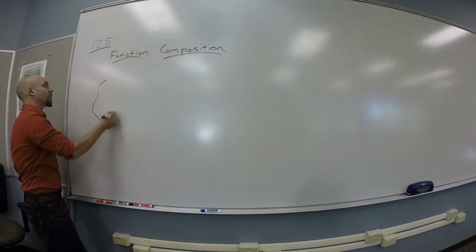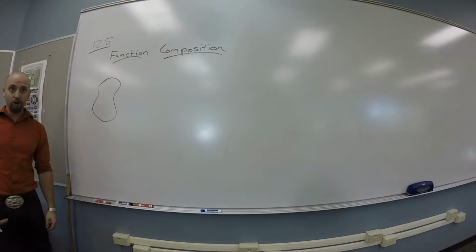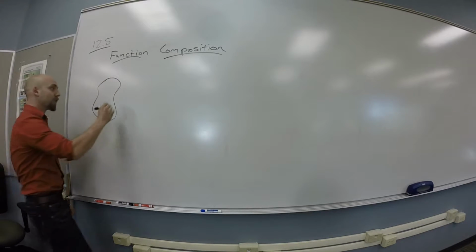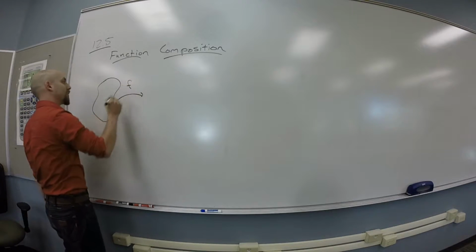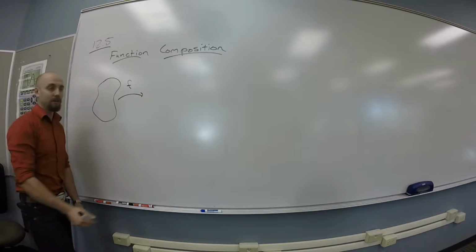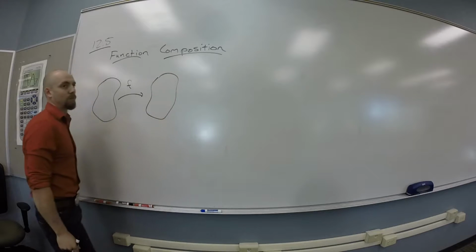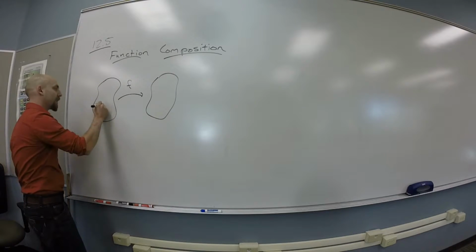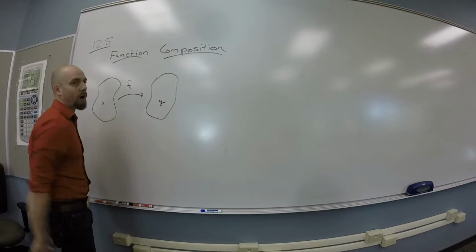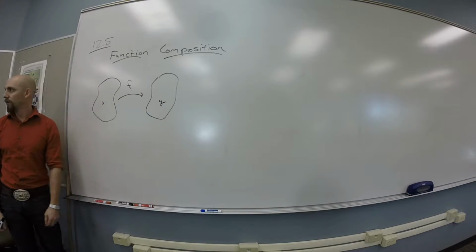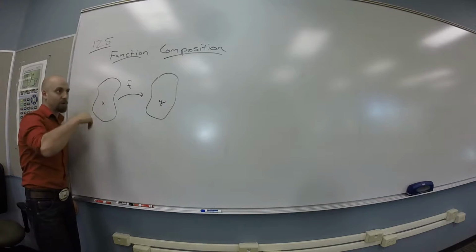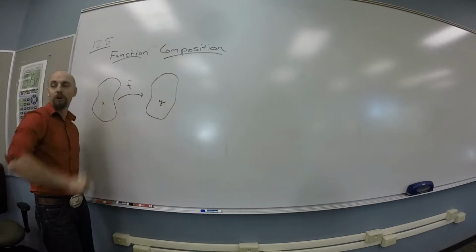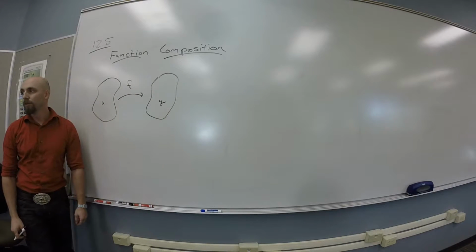So way back when we had a function, right? And that was a rule that took something and turned it into something else. So maybe we thought about taking x's and turning them into y's, or we had times and we turned them into populations.